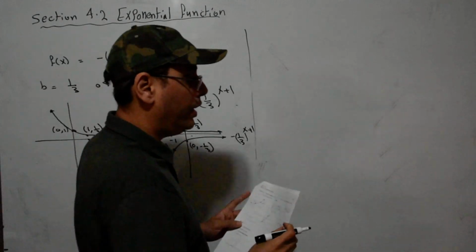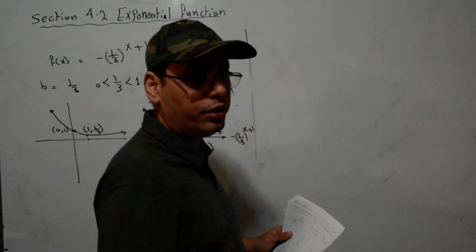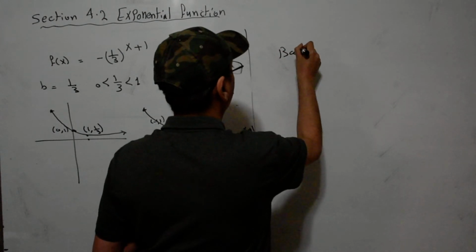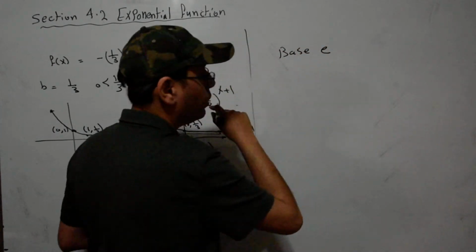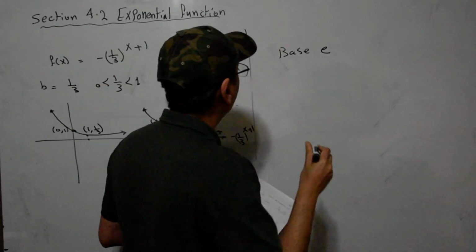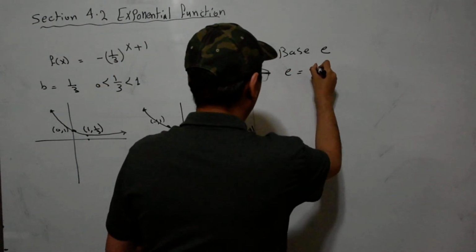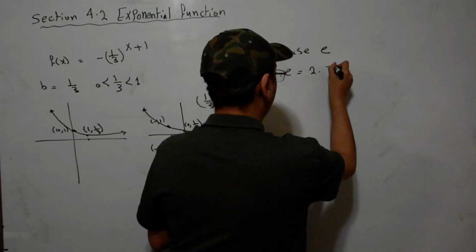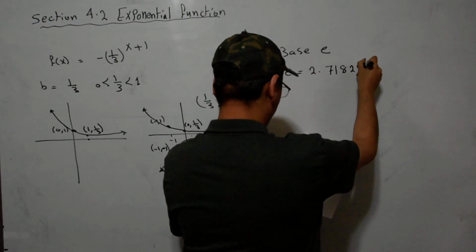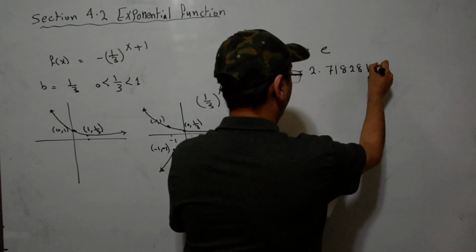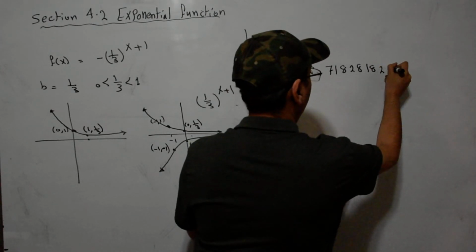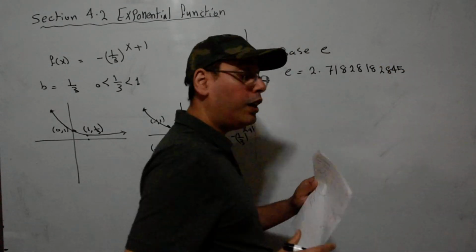Okay, the last thing I have to do for today before we get to the application in the next video is, what if there is a special number? We have to learn about that, which is e. So base e. We learned about the base b, so one of the b values is e. The value of e is 2.71828, and it has very long decimals.